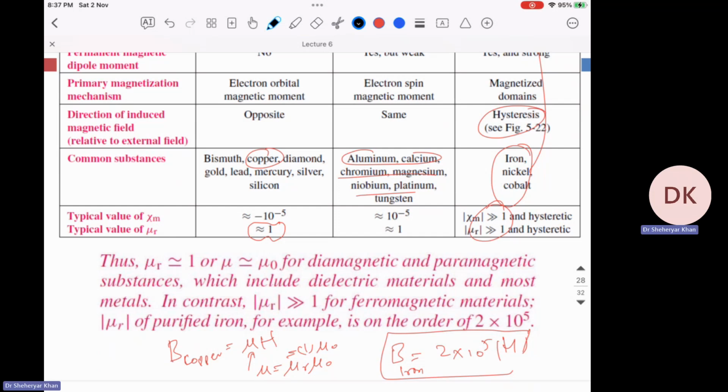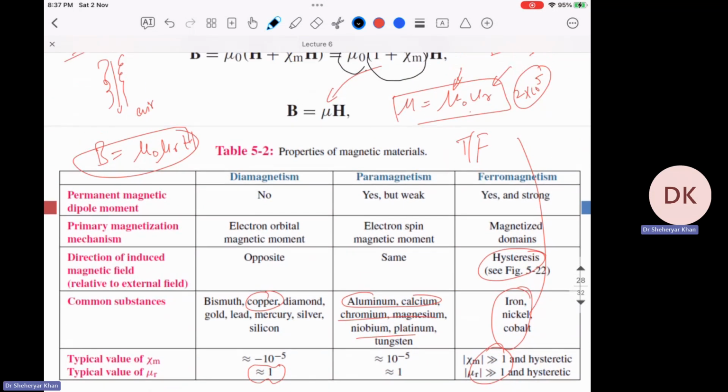right? Now, again, another question. Can we use copper instead of iron? We use iron, but we also use copper.